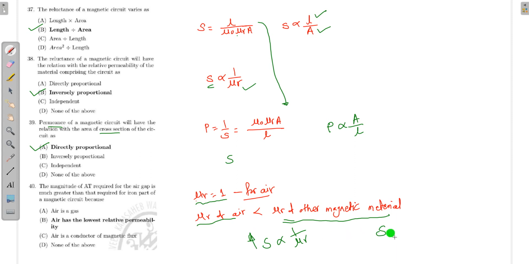The reluctance of air gap is denoted by Sg, and Sg is more than Si. So to create the same magnetic field, obviously the MMF required in case of air gap is greater than the MMF required in case of the iron path. So air has the lowest relative permeability.